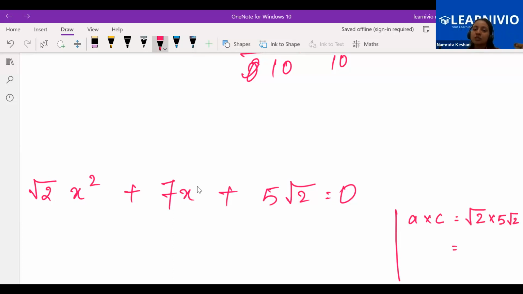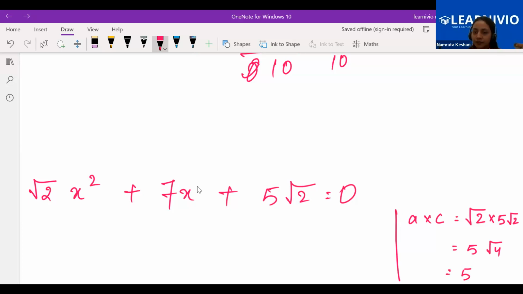Okay, please do the multiplication and let me know what you are getting. We get 5 root 4. Root 4 is like 2 square, so only 2, right?